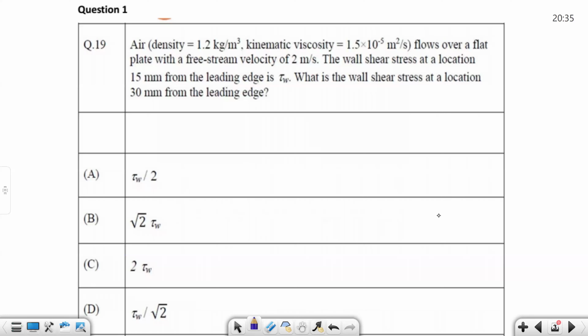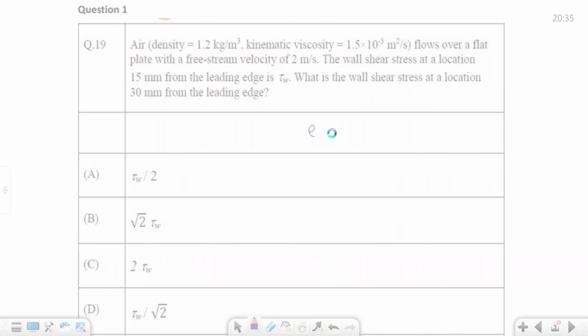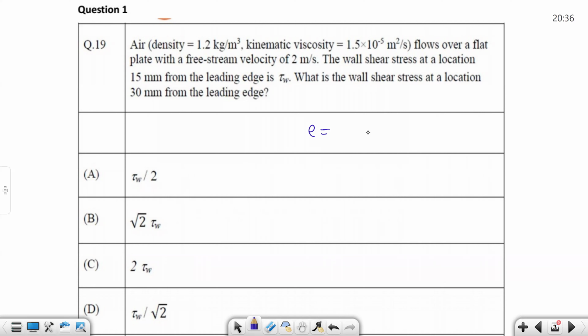Kinematic viscosity, so that is nu, is 1.5 into 10 power minus 5 meters squared per second.